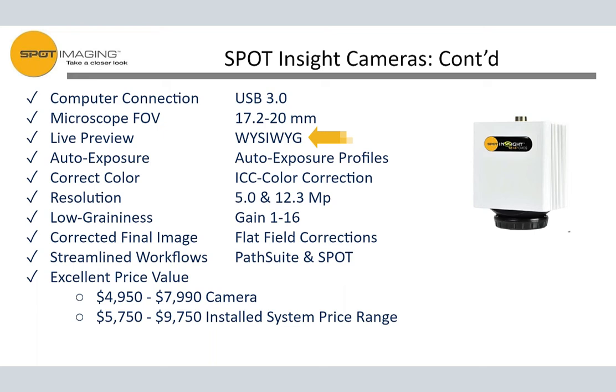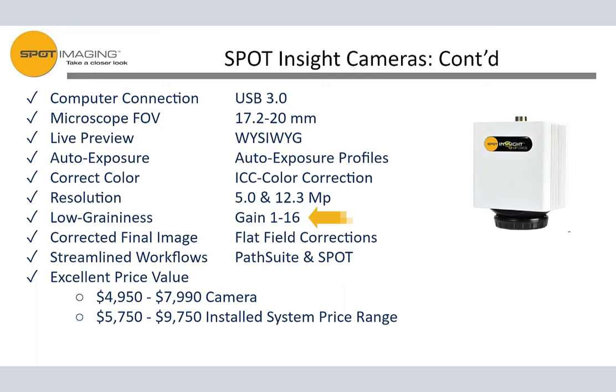They have the live preview, obviously, because it's a fantastic live. They're running the auto exposure. They're doing the correct color we talked about. The resolutions we have on the Insight are the 5 megapixel and the 12.3. They're very sensitive, very nice cameras for noise, and so you can go all the way up to gain 16, and that's when you're starting to see the graininess start coming out on these cameras.